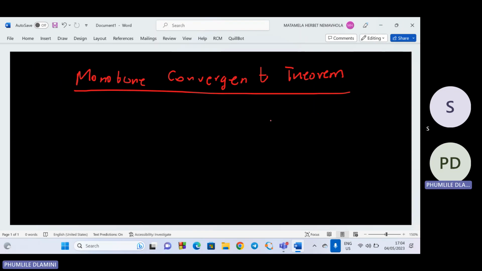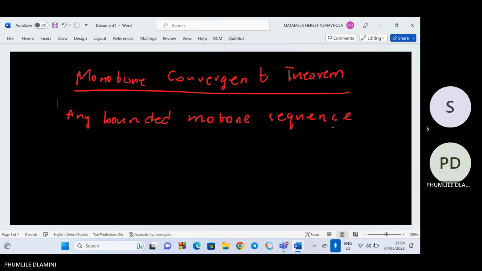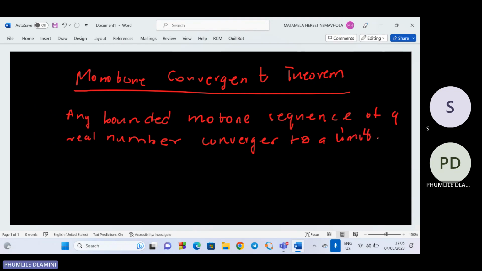What does it state? The monotonic convergence theorem states that any bounded monotonic sequence of a real number converges to a limit.